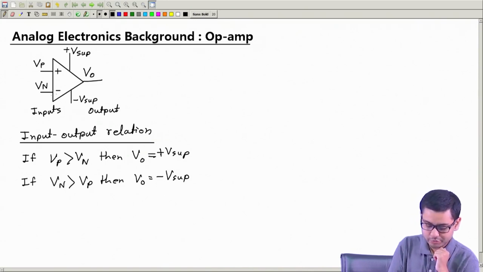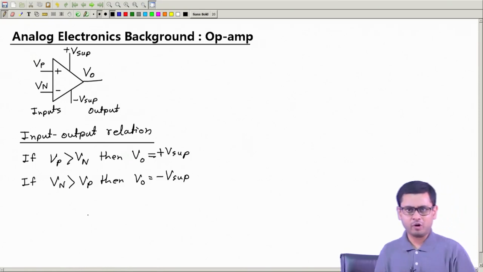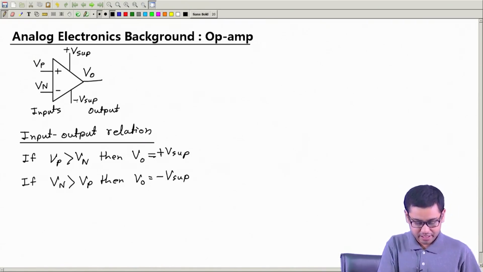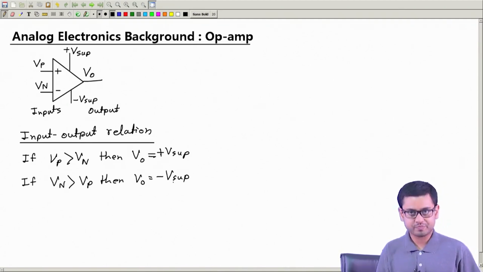It has two inputs, one output, two power supplies, among other things. If these two voltages are plus V supply and minus V supply, then if Vp is greater than Vn, output is positive. If Vp is less than Vn, output is negative.